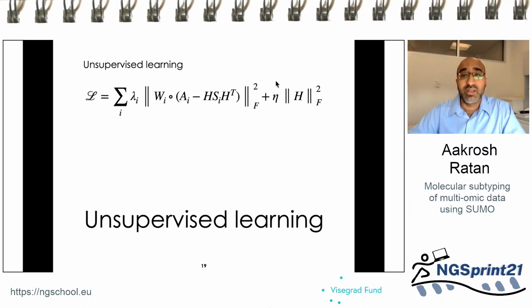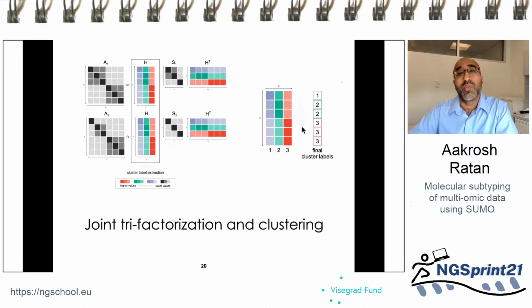But if you just add sparsity to the objective function, instead of having to apply k-means or any other algorithm, you can take the H matrix. For example, let's say this is our n cross r matrix. For a particular patient, say the patient represented in row 1, we are going to assign it to the cluster that has the maximum value. So out of these 3 columns, if the maximum value is in column 1, then the patient is assigned to column 1. And that is the benefit of just adding sparsity to the objective function.